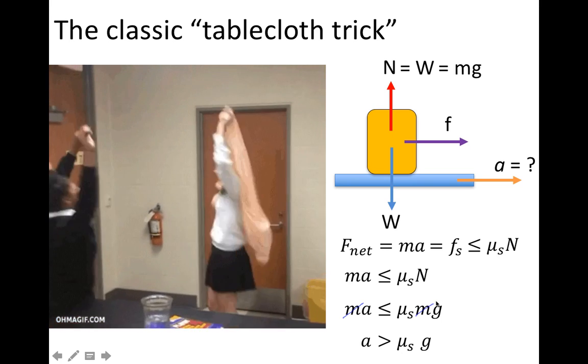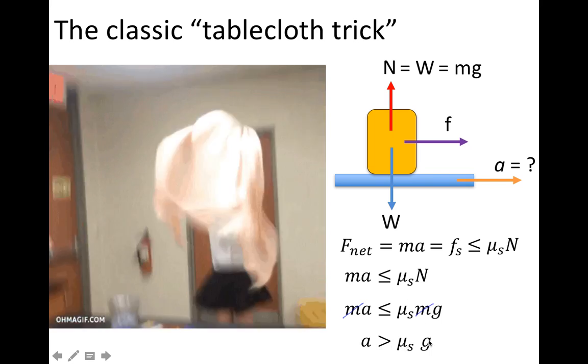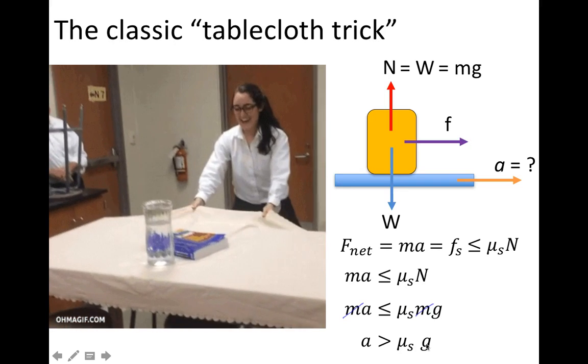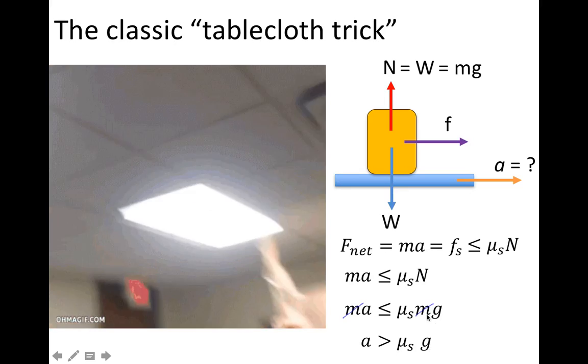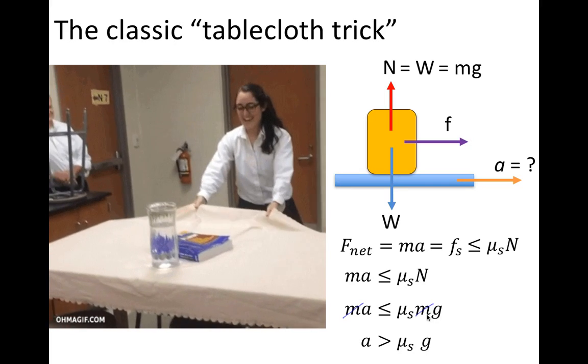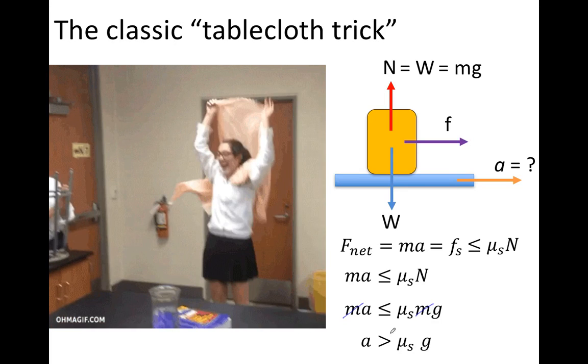And so as long as she accelerates faster than mu s times g, then the inequality will be violated and we'll have kinetic friction, which is much weaker than the static friction. So how quickly she needs to accelerate it really depends only on one thing. It depends on mu s between the objects and the tablecloth. And this is a function of the types of materials that she has.